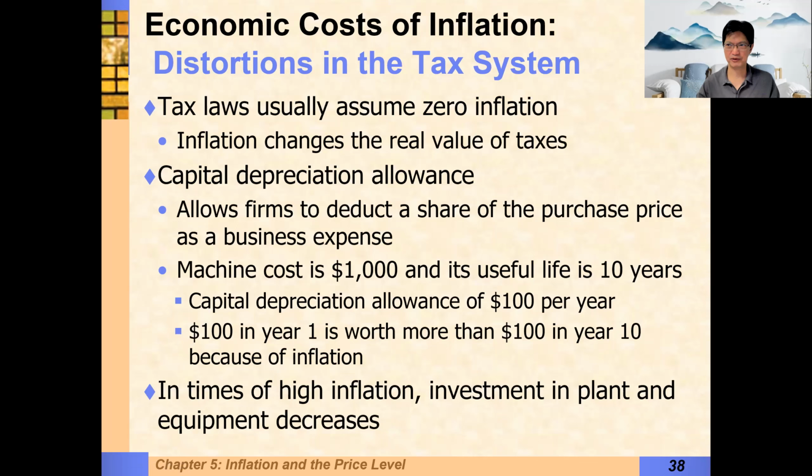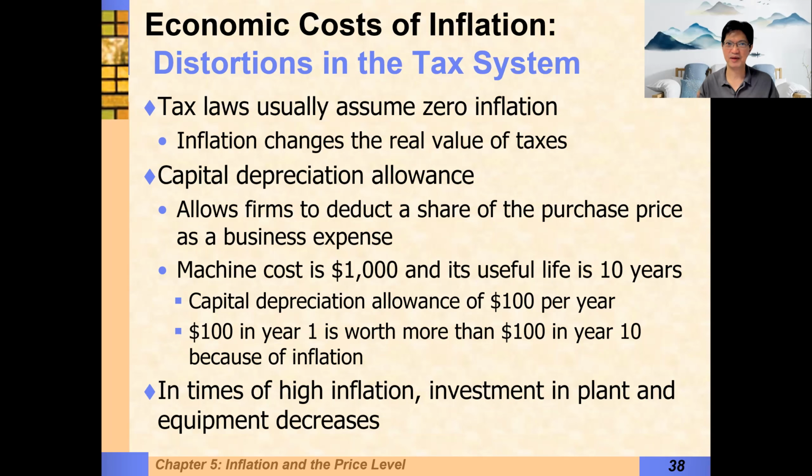Another problem with inflation is it's problematic for the accounting system and hence for the taxation system. See, the accounting system assumes that money today and money last month and money 1 year ago is the same. $10 is $10 is $10. Doesn't matter when it comes in, when it goes out, it's the same value.